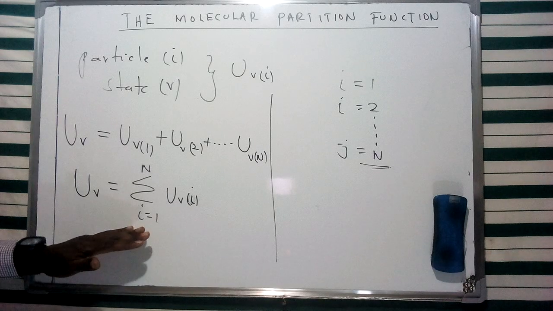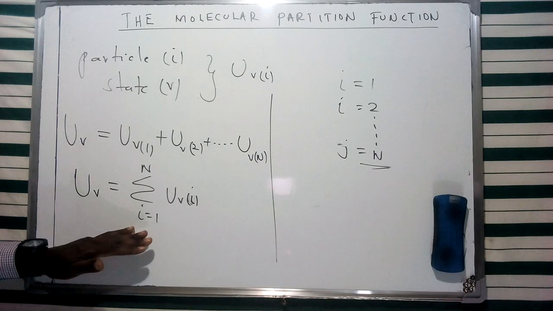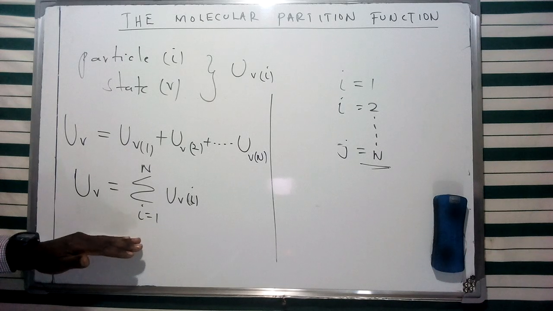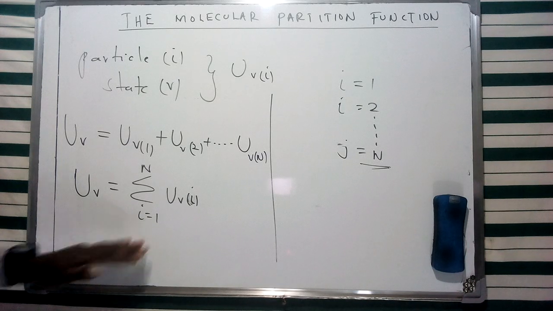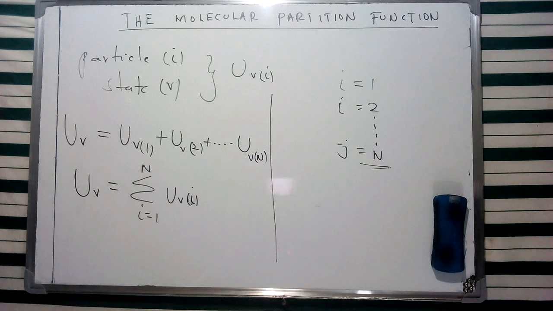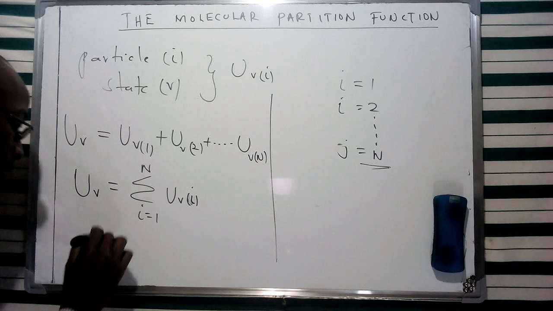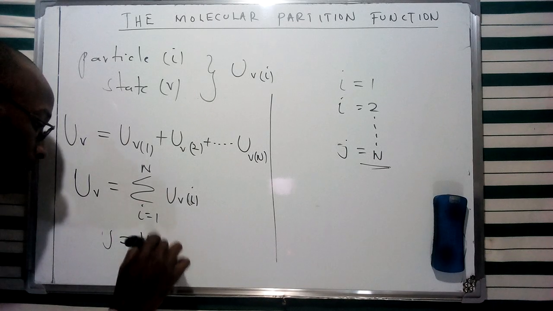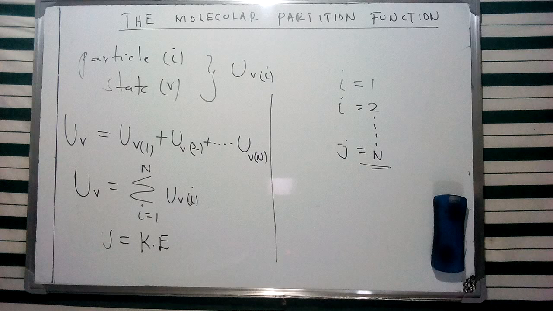Now, for an ideal gas, we stated that we are going to consider all atoms to be independent. From the molecular kinetic theory of gases, we said that an ideal gas is one in which the energy of every component of an atom or a molecule is independent from the others. So in representing this, we can have the internal energy given as a kinetic energy.